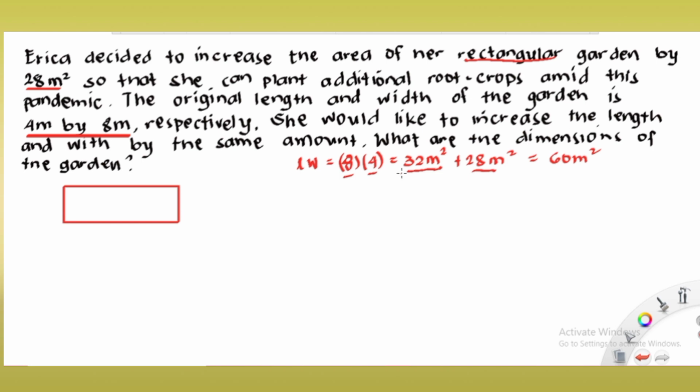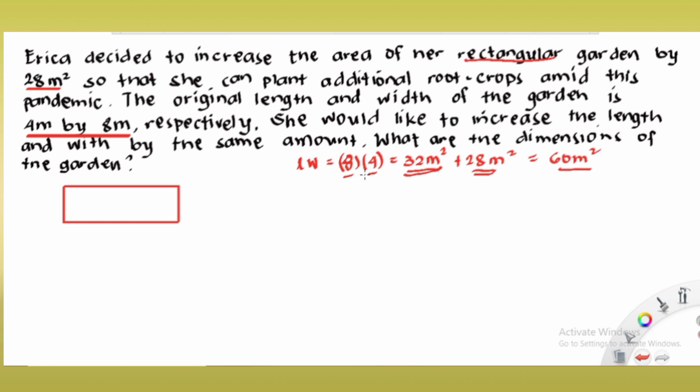So, from 32 meters squared, magiging 60 meters squared since gusto niyang dagdagan ng 28 meters squared. Okay po? So, she would like to increase the length and width by the same amount. So, gusto niya, and of course, kapag lumaki yung area, ibig sabihin, maidadagdag sa length and sa width.